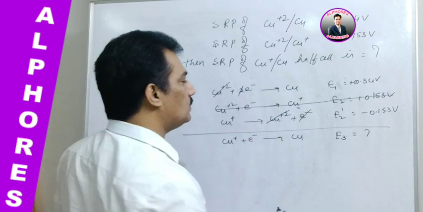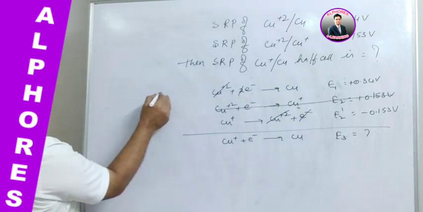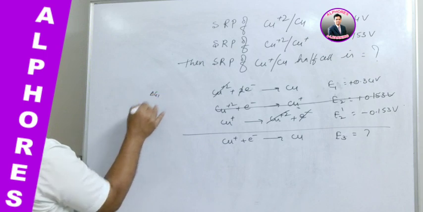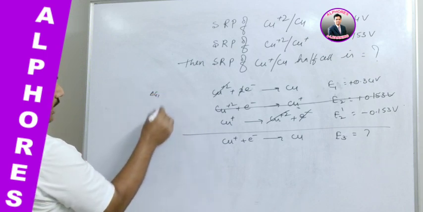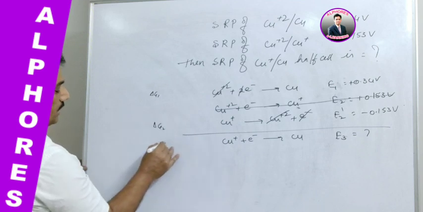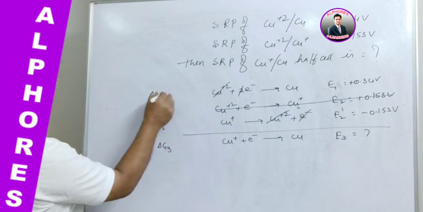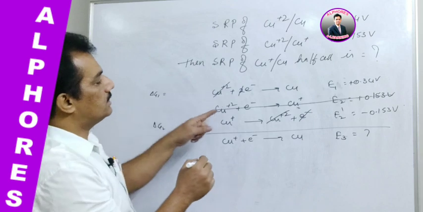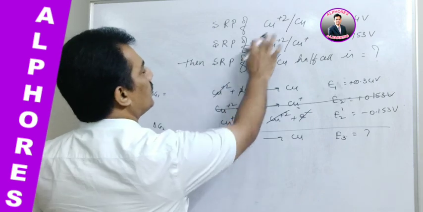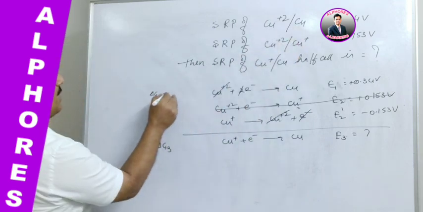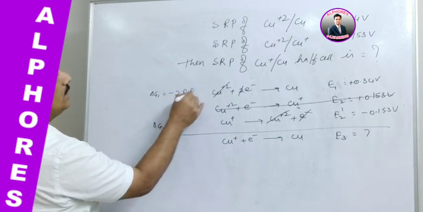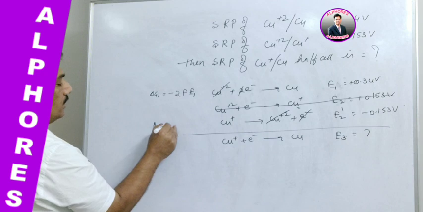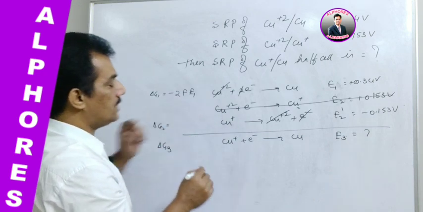Now what we have to do here is consider delta G1 and delta G2, and we require delta G3. Let us consider how many electrons are involved in the first reaction: 2, so delta G1 is -2FE1. In the second reaction, how many electrons are involved?